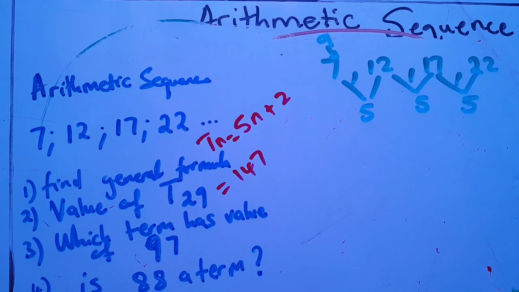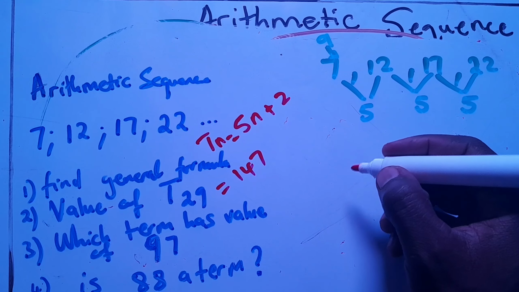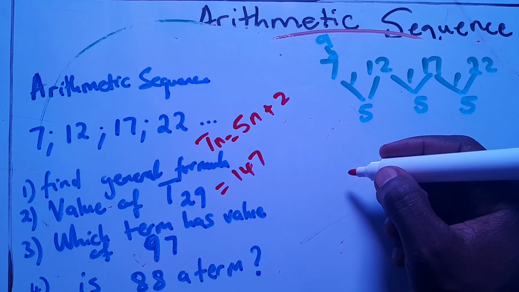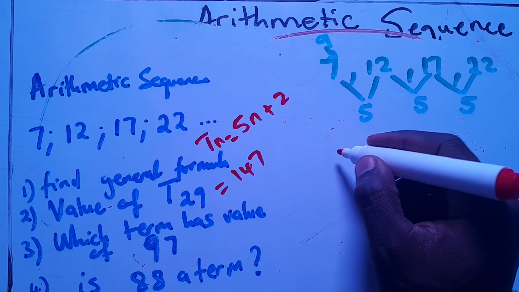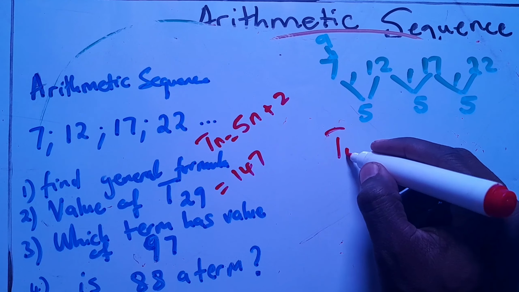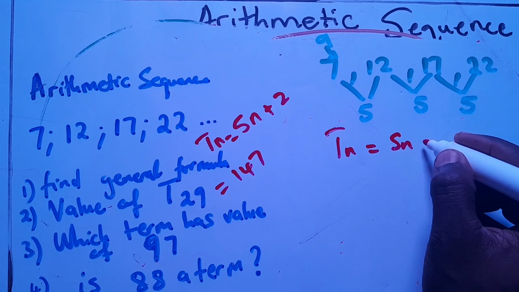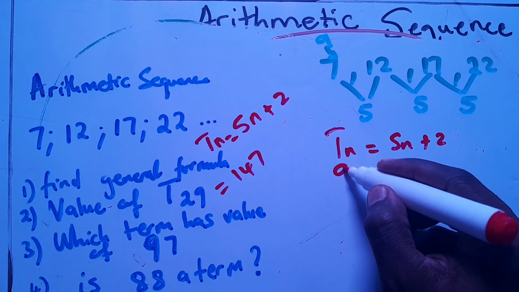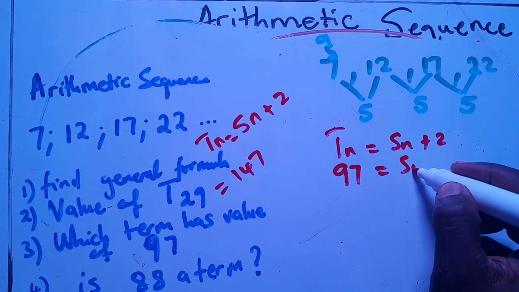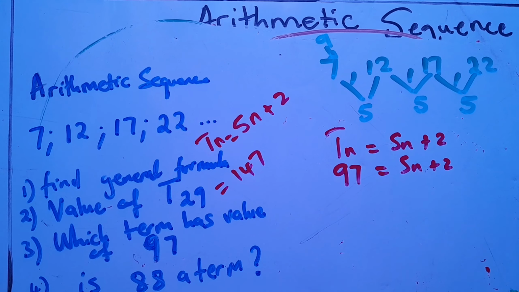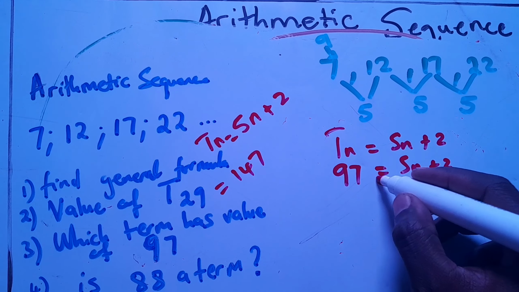They said which term has the value of 97? So it means that 97 is our value. We use again the formula 5n plus 2. So our 97 is going to come here, equal to 5n plus 2. Now we are going to solve for n. We can bring our 2 this side.